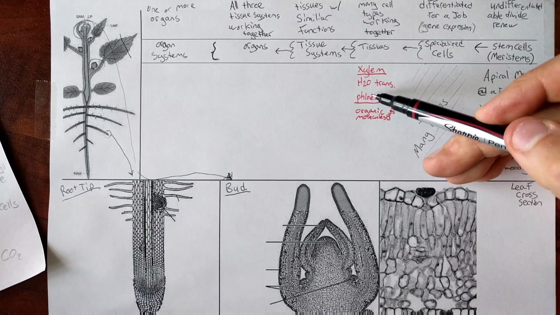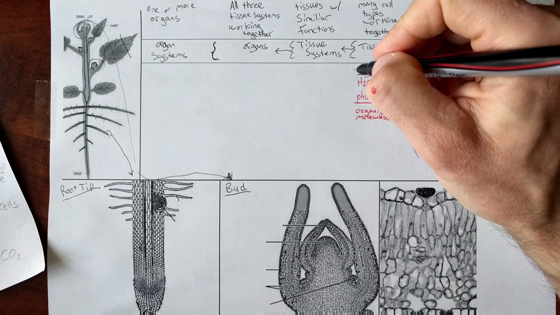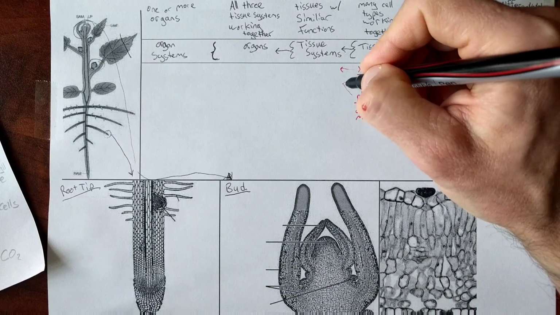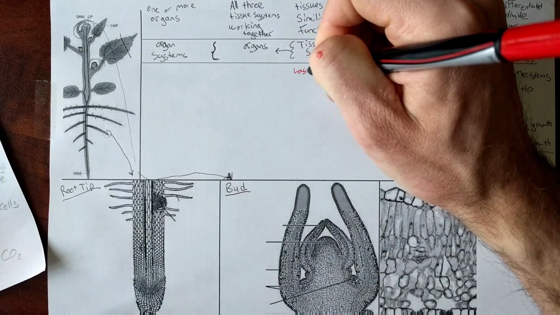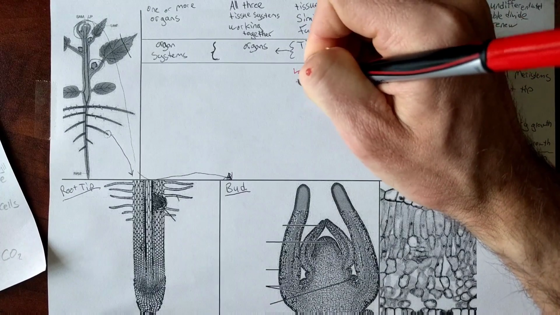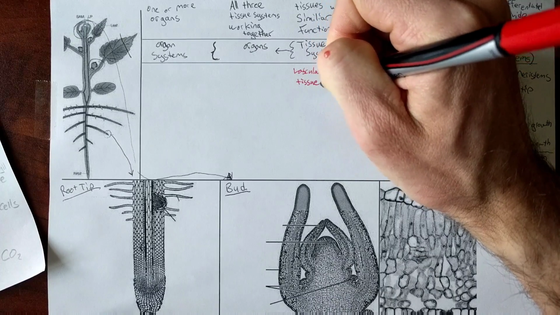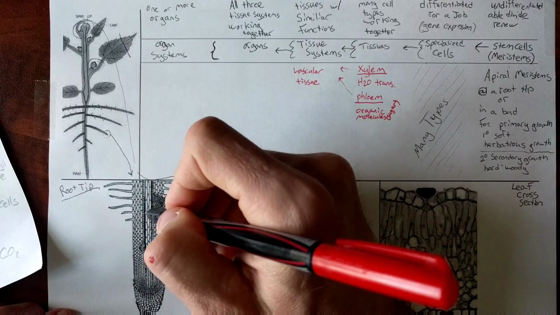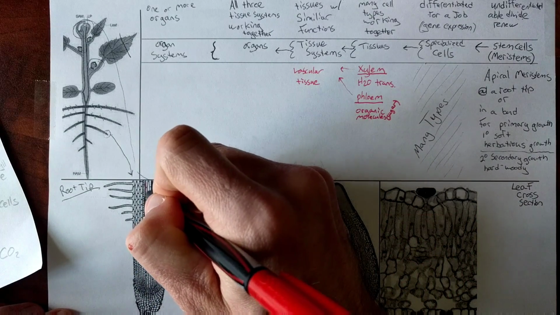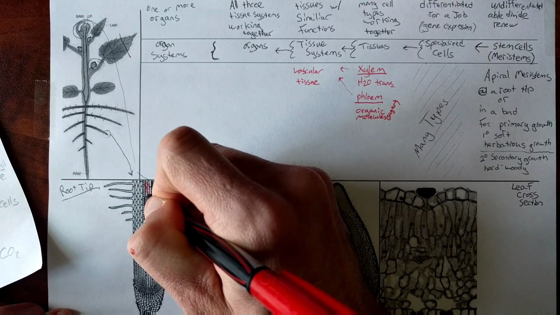And both xylem and phloem grouped together as vascular tissue. You can see those vascular tissues in your root tip over here, running in the core of the root tip.